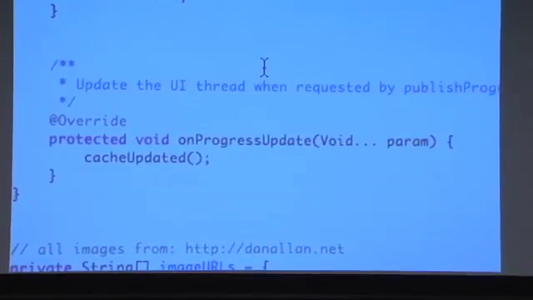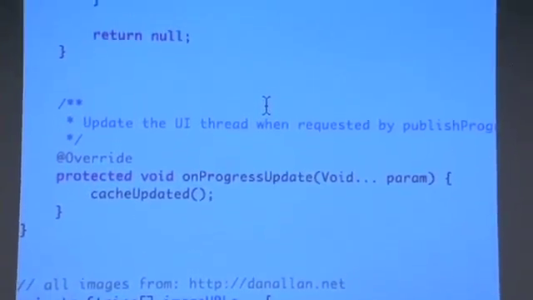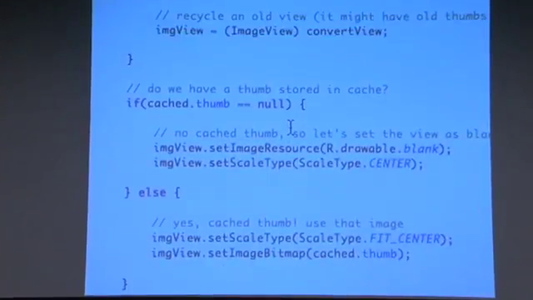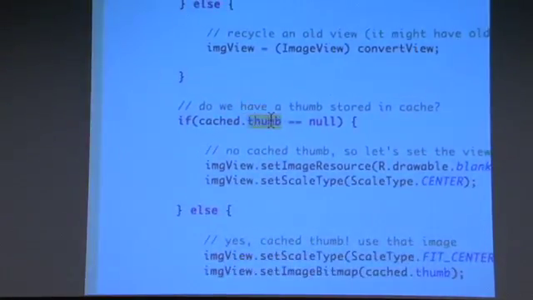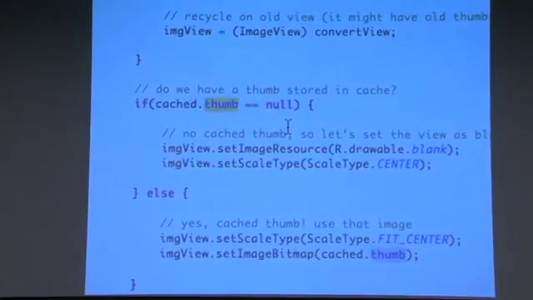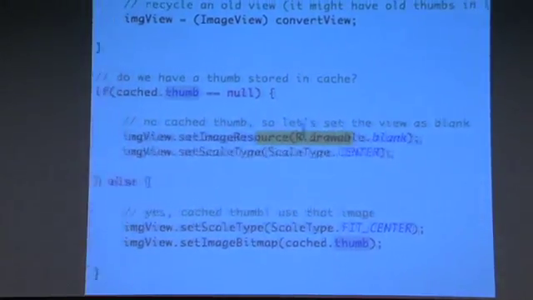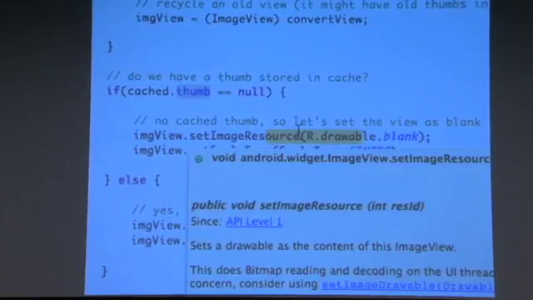It's very difficult to see because of the contrast, but if you were to download and run this application on your own device or emulator, you'll notice that each view has a background image that just exists in the meantime while we're waiting for the download. When we create the view for each of these objects in the adapter, which is up here in getView, if we don't have a thumbnail quite yet for this specific URL, then we just set the image to be a default blank image in the meantime.